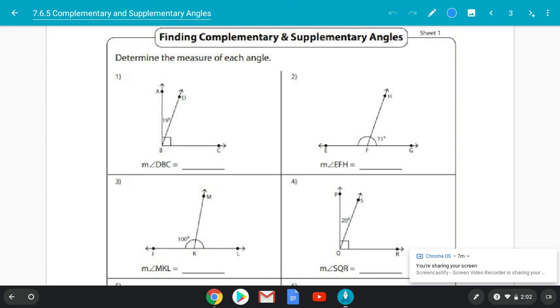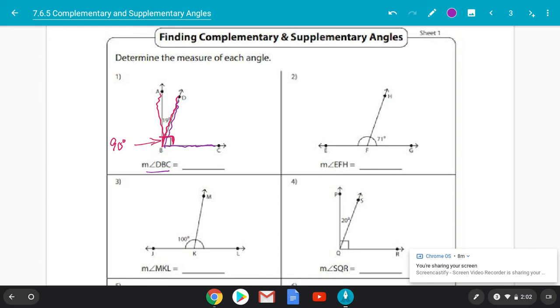So I have this little box in the corner here, which is telling us that this is a 90-degree angle. So if I know it's 90 degrees, I know that these 2 angles, angle ABD, so that's this one, and the angle that we're trying to find, which is the measure of angle DBC.